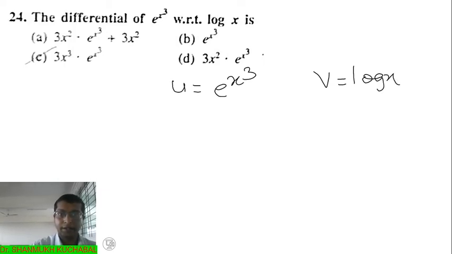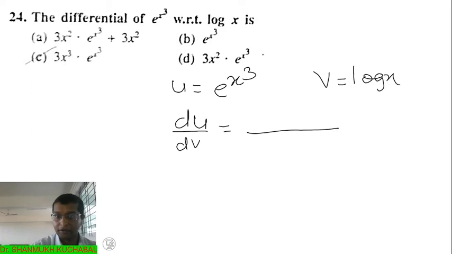Further we find du divided by dv, which is differentiation of u with respect to x divided by differentiation of v with respect to x.